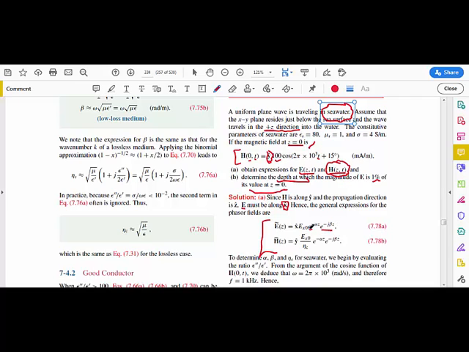Of course, both of them give us exponential minus gamma multiplied by z, and this gamma is equal to alpha plus j beta.